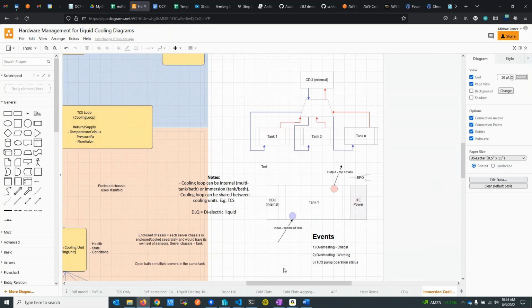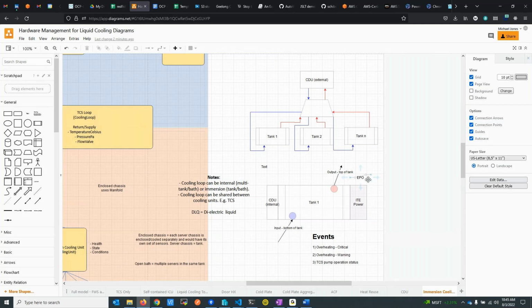So just one more question about the enclosed chassis. Earlier I was talking about the ITE power and the emergency power off, the cutoff in the event of an overheating scenario. Is that a similar concept with the enclosed chassis?